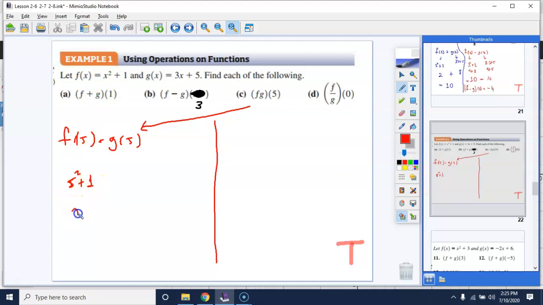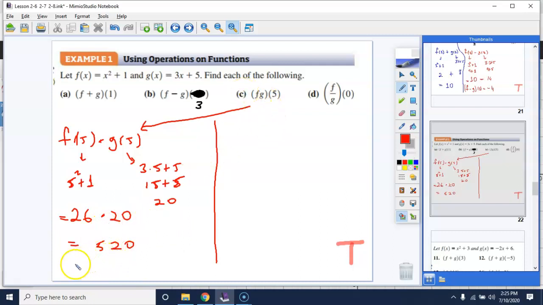So it should be 25 plus 1, 26, times, right? g of 5, plug in here. 3 times 5 plus 5, 15 plus 5, so it should be equal to 20. So 26 times 20, it should be 520, I believe. Yes, here we are. So that's my C, let me write over here one more time, f times g of 5 equal to 520. That's my answer.